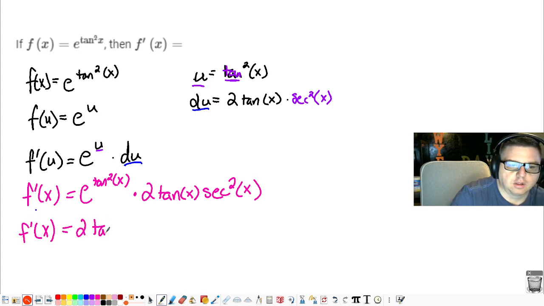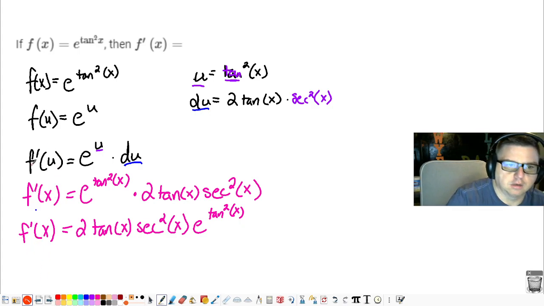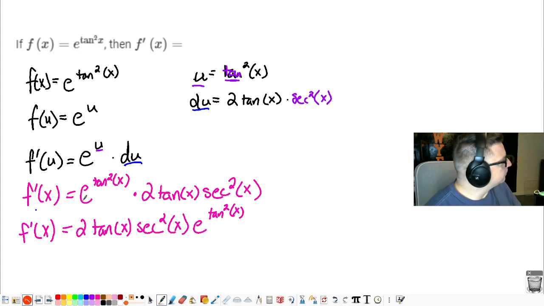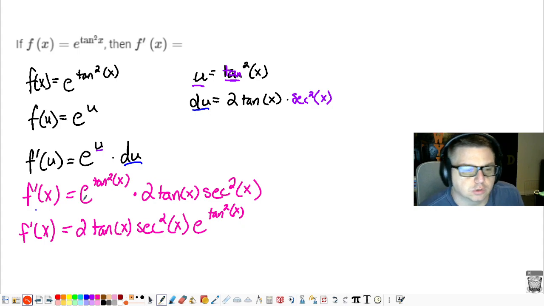So it could look like this. And the only reason they would do that is so that you don't confuse what the exponent is on e with the rest of the problem. So it might look like that. That's what I would assume would be the best looking property of it. But yeah, so that's utilizing u substitution.